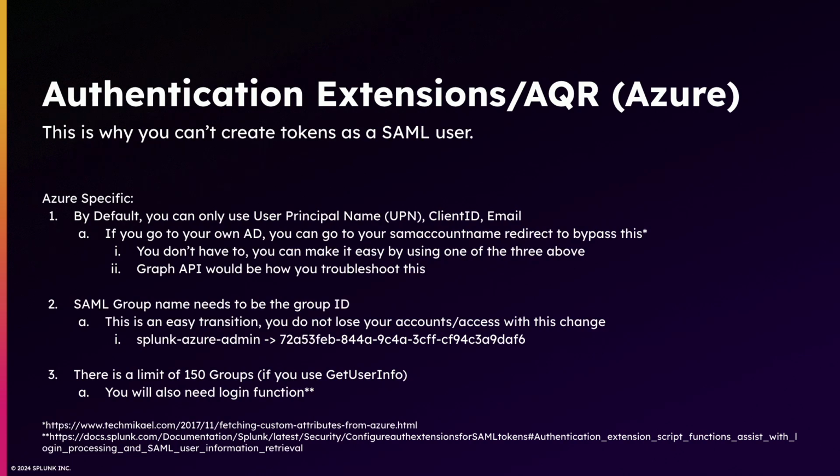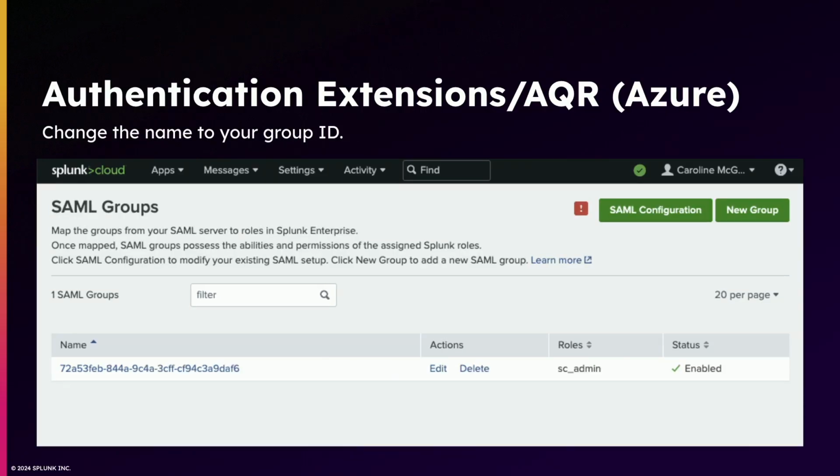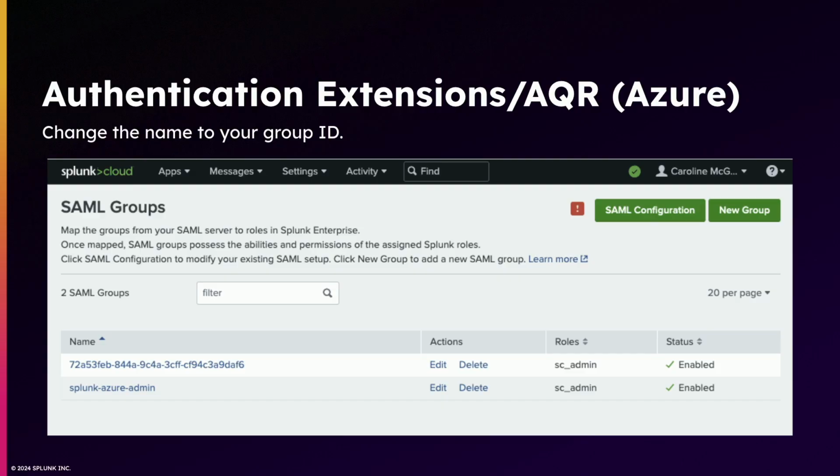You can actually bypass this with, and the links are down here, but if you're using AQRs, you need the group name to be the group ID. That being said, you can have both the group name and the group ID in Splunk, and it will work effectively. So if you already have the Azure admin, you can just put it right next to it.